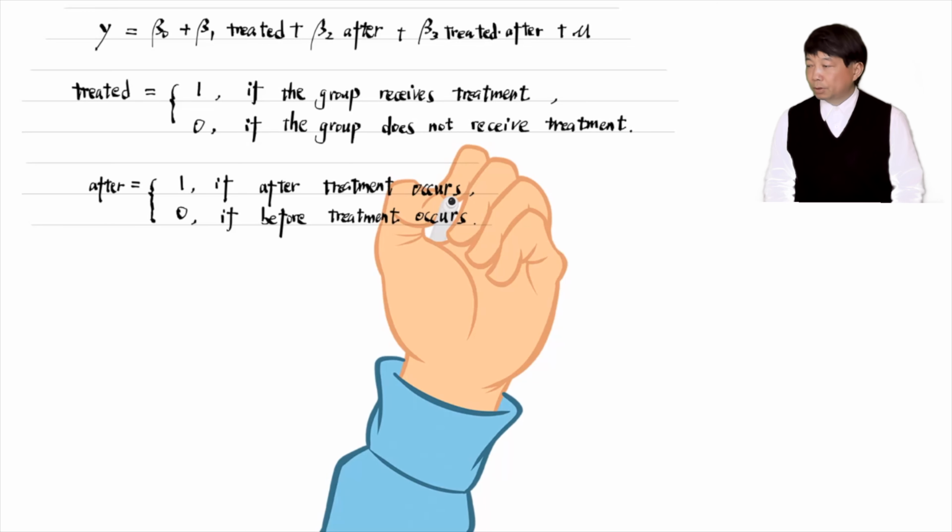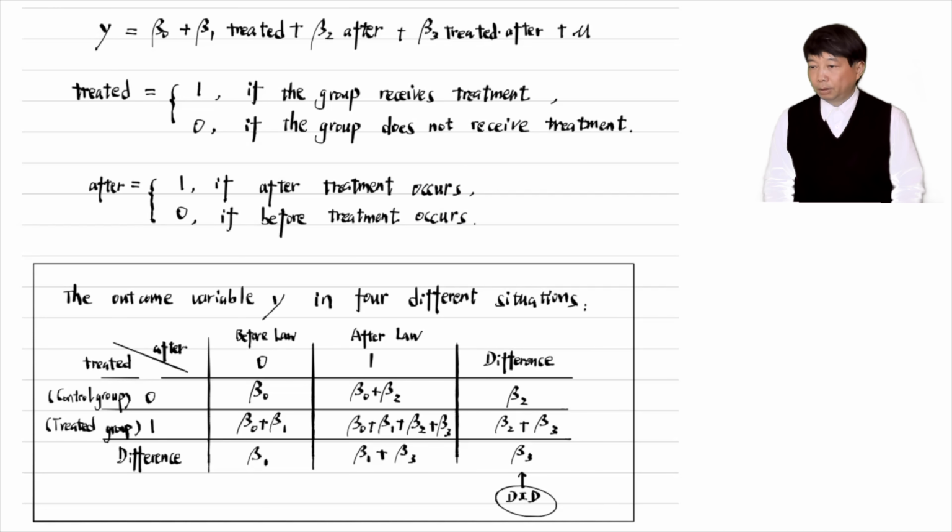The treatment here is the law implementation, and the treated group is the high-income workers because their choices were affected by the law. The control group is the low-income workers because the law did not impact them. The table shows the expected outcome in 4 different situations.